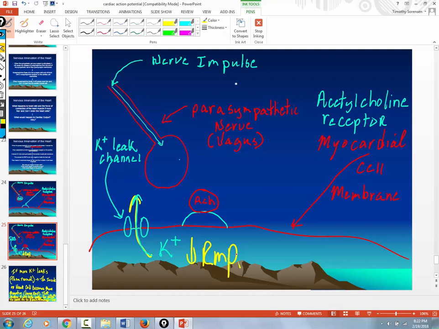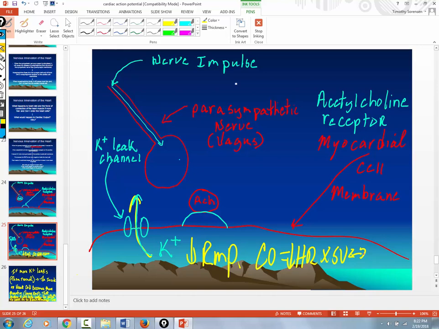The parasympathetic nervous system doesn't do anything to the force of contraction of the heart. It decreases your heart rate. Okay? If you remember, cardiac output is heart rate times stroke volume. If you decrease your heart rate and your stroke volume stays the same, your cardiac output drops. Therefore, you drop.